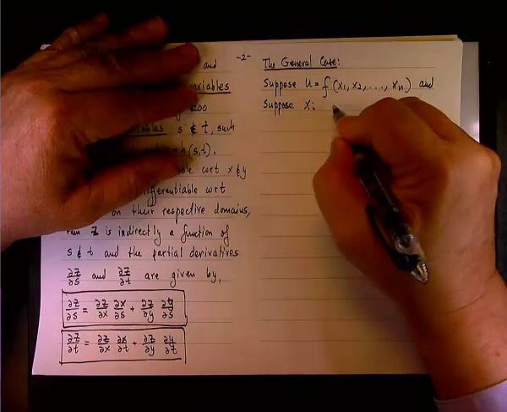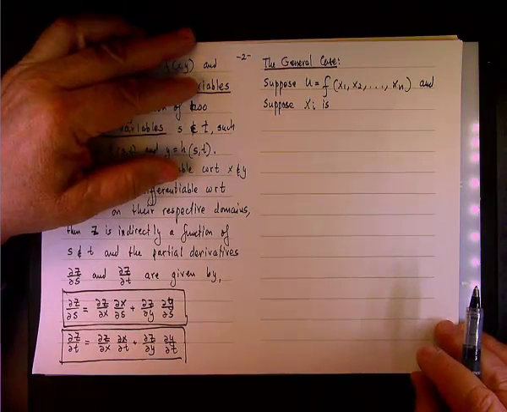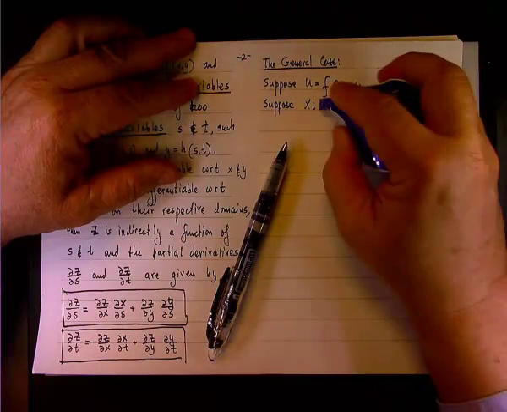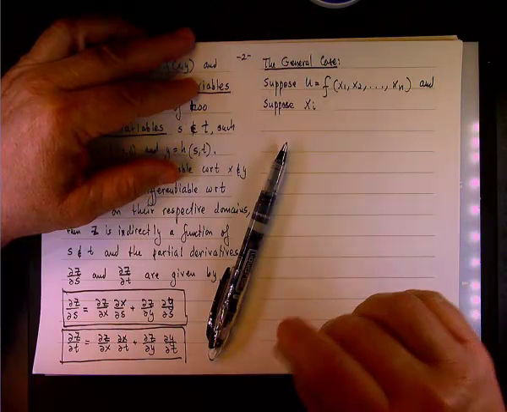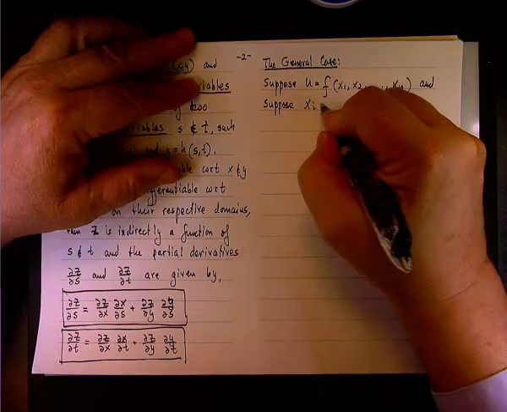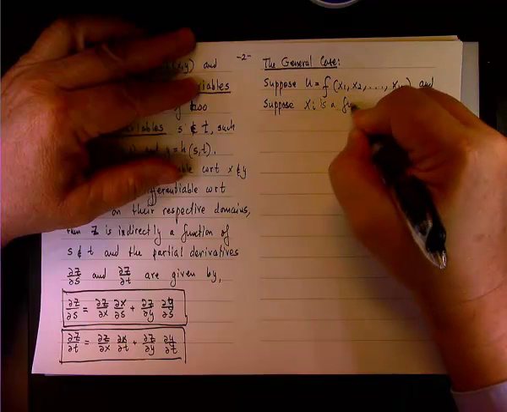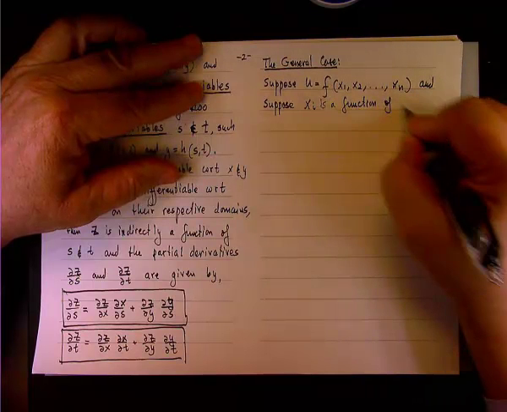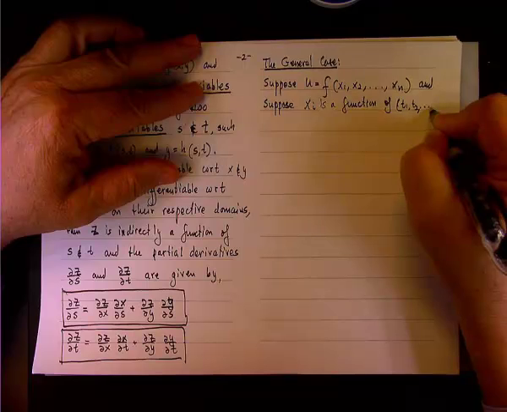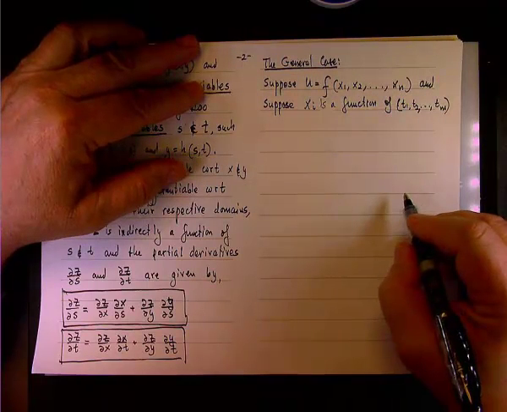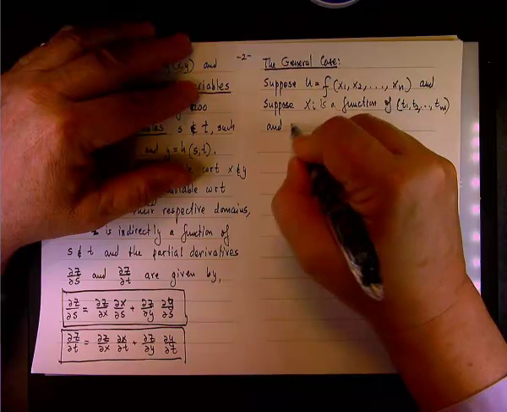And suppose x sub i, any given x sub i, is another function, not necessarily the same function, so it's a function of t sub 1, t sub 2, dot, dot, dot, t sub m, like so. Okay?